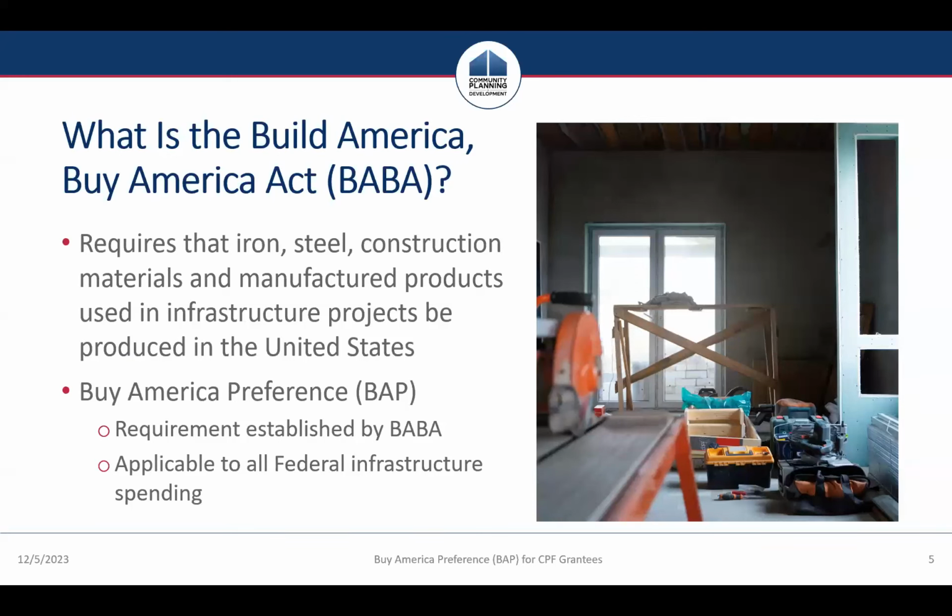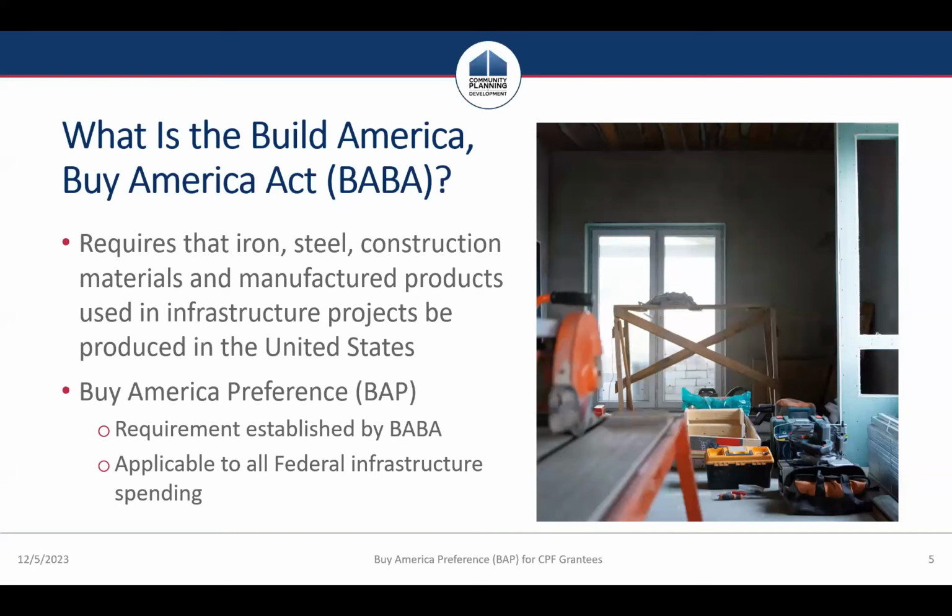So to begin, what is the Build America, Buy America Act? It was enacted as part of the Infrastructure Investment and Jobs Act in November 2021. And it requires that any iron, steel, construction materials, or manufactured products used in an infrastructure project funded with federal dollars be produced in the US.